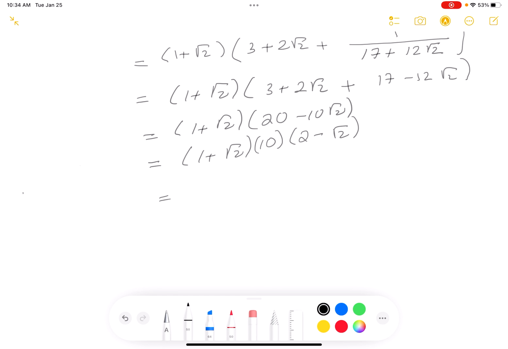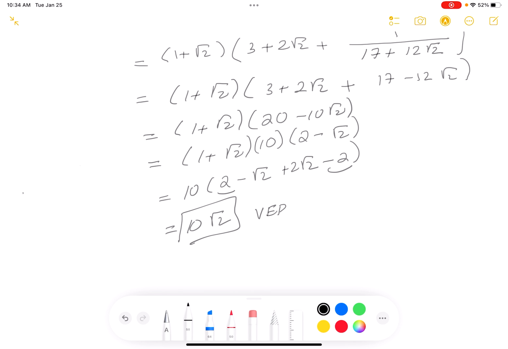So what do you get over there? 10 times 2 minus root 2 plus 2 root 2 minus 2. Wow, look at that. So what do you get here at 10? These cancel off, and we're left with root 2. Final answer. Very simple. By when I say simple, very simple answer.